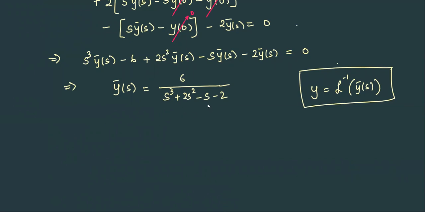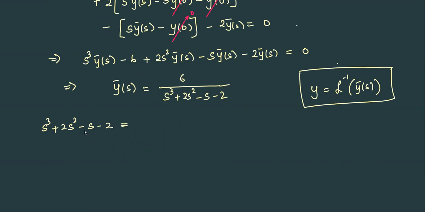Now let us look at solving this. By inspection, you see this is s cube, this is 2s square, this is minus s and minus 2. Let us see by inspection which value of s satisfies this equation. So s cube plus 2s square minus s minus 2.